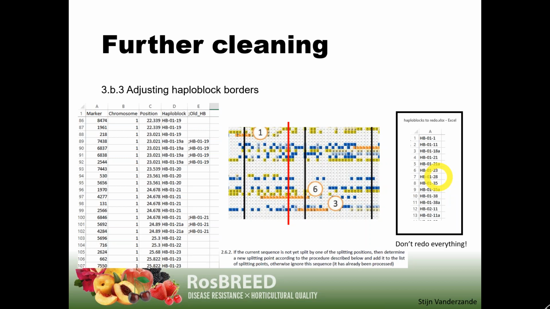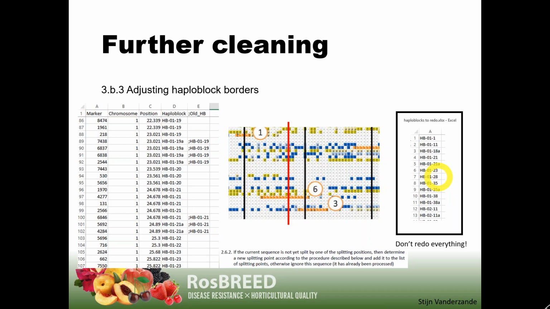I rerun PADI haplotyper, I run a new Visual FlexQTL run, and then from the new mHaplotype files that arise, I only take the data from the haplotypes I need to redo. All the other ones, the ones that I've already fixed and don't need to redo, I just keep from my old file, because I know I fixed them and I don't want to fix them again. So that's why I keep track of which ones I have to do again.